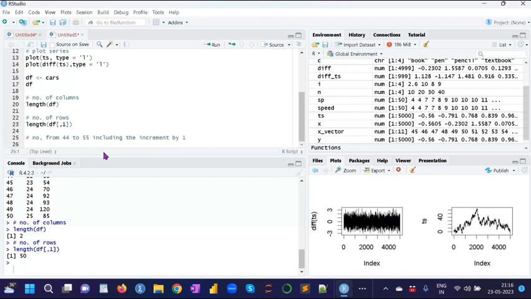I explained that I want 44 to 55. It prints the numbers 44 to 55. After that it takes plus 1. So whatever the output, it adds 1 also, like 1, 2, 3, 4, 5, 6, 7, 10. Then it shows you 11 also.